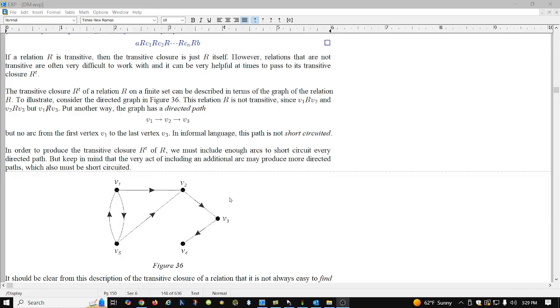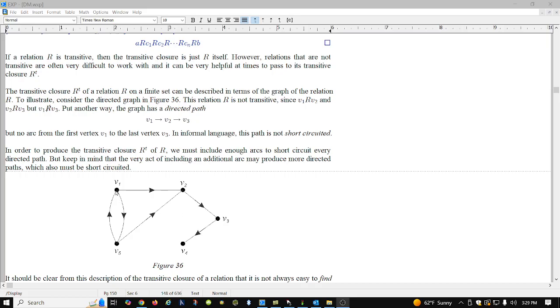Okay? Put another way, in terms of the graph itself, there is a directed path. A path is just a sequence of arcs that are connected to each other. And a directed path means that all the arcs point in the same direction. For directed graphs, ordinary paths are not interesting. Directed paths are interesting.